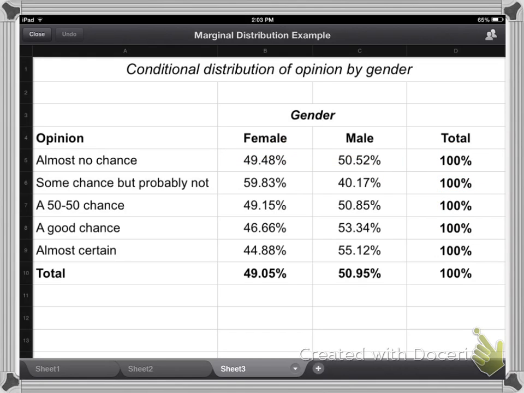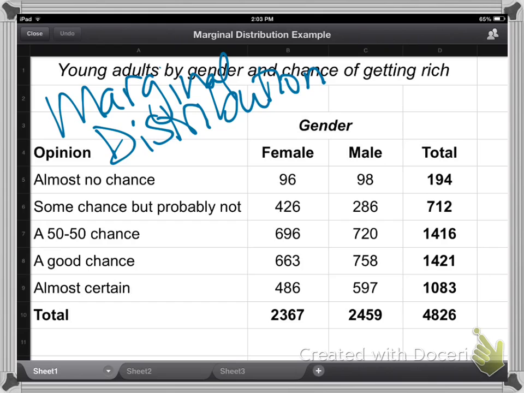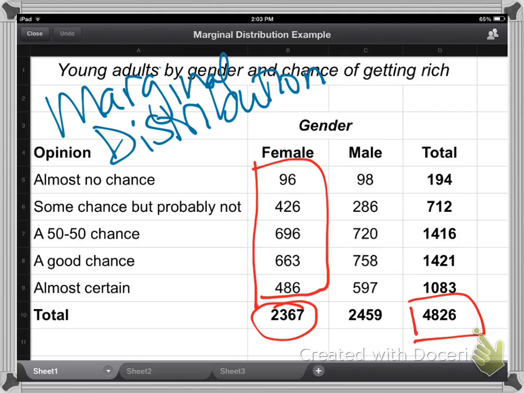But if you'll notice down here, these percents are no longer 100%, but they do add up to the 100% in our bottom right cell, which should make some sense. And then the way we get this 49.05% and the 50.95% is we go back to our original data and add up the total number of our female respondents. You can either sum up everything in the body of this table or you can just take this number 2367, and we're going to divide that by the total number of respondents, which is 4826.